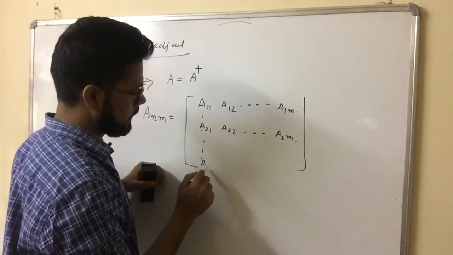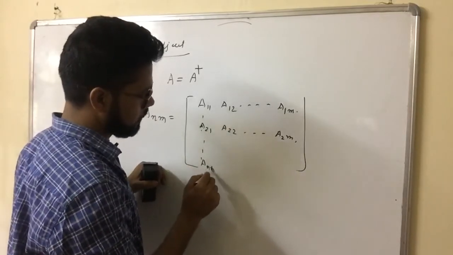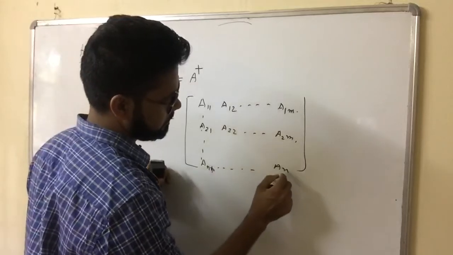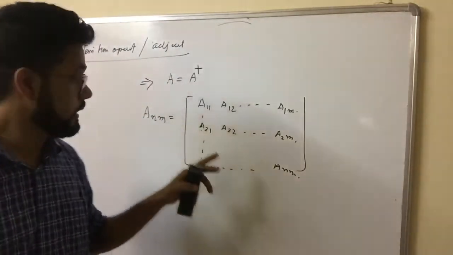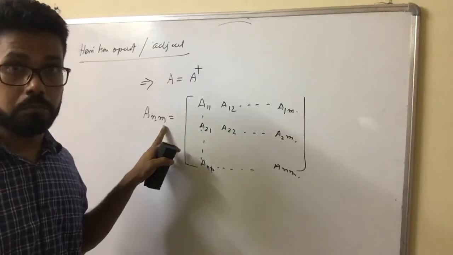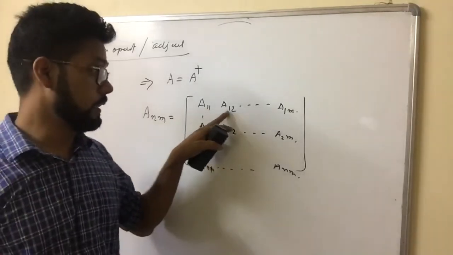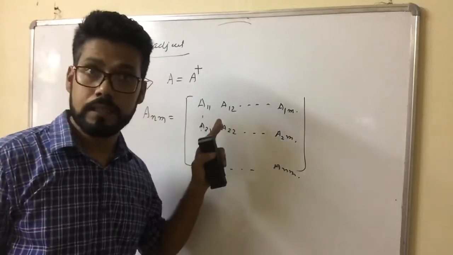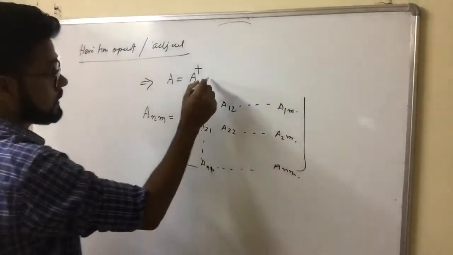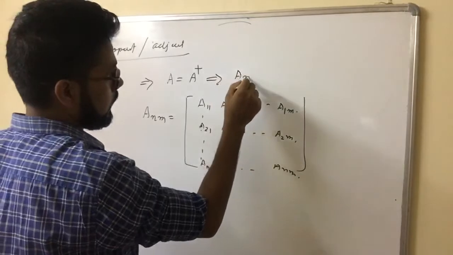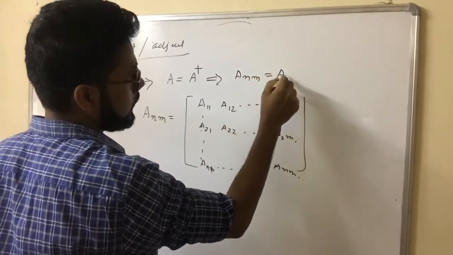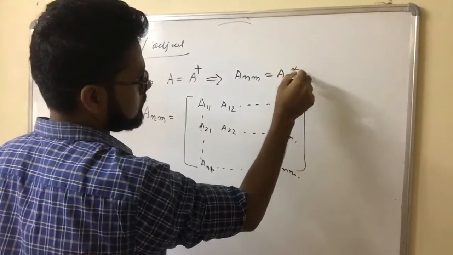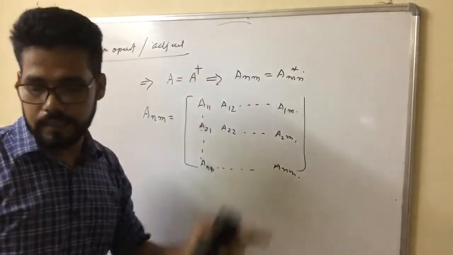Last one A_NM. So what this is telling is that A_nm means matrix element. So in a Hermitian matrix, the diagonal element must be real first of all, and you can say A_nm equals A_mn complex conjugate. If this is satisfied, then it is Hermitian.